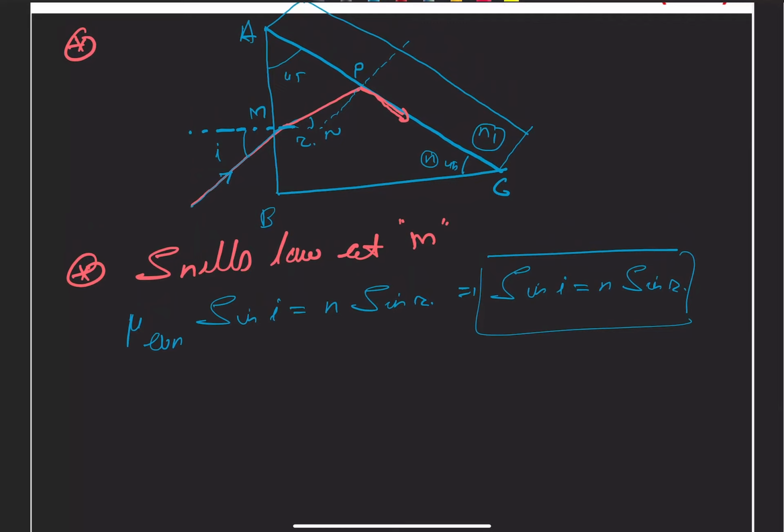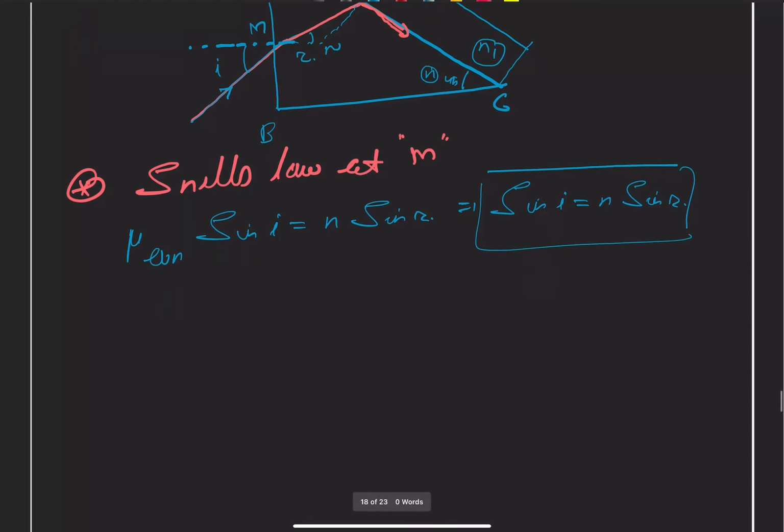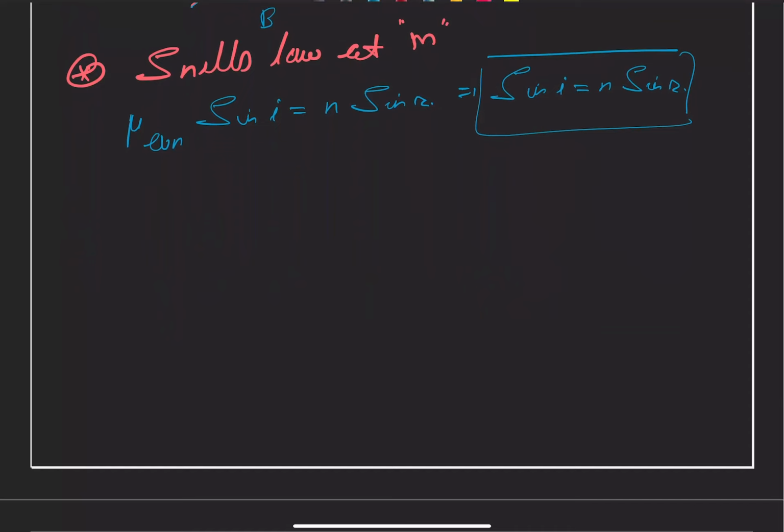Okay, so let us consider a triangle AMP, and let me draw a rough approximation for it. So this is our A, and we have this as B, and this will be one normal.